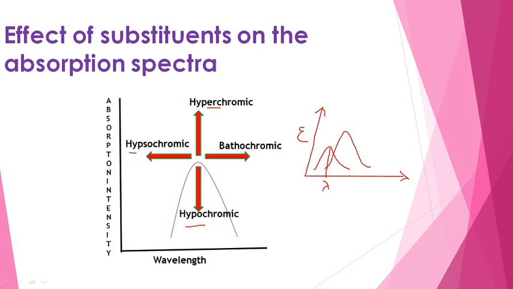After the condition, we are finding an increase in the lambda. As the lambda value increases, we call this shift a bathochromic shift.